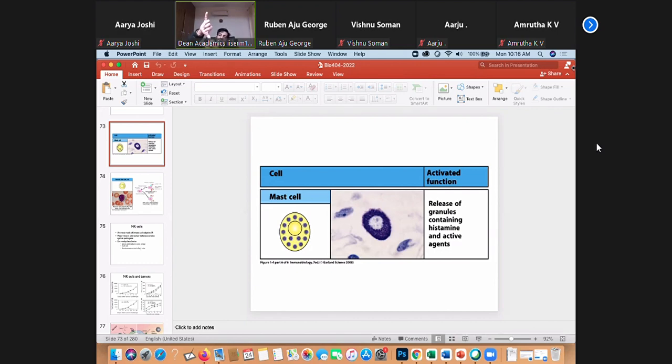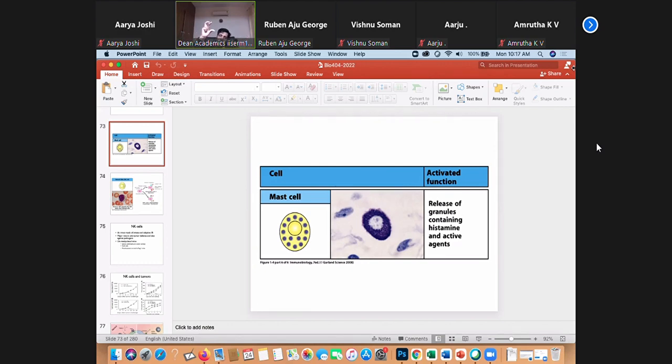Now whenever you encounter an allergen, like dust mites, dust, pollen grains, or other kinds of allergies like drug sensitivities. Some people have drug sensitivities. For example, if some are given penicillin, they tend to develop allergic responses.